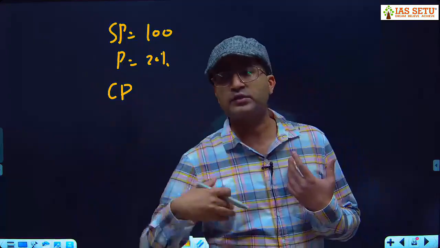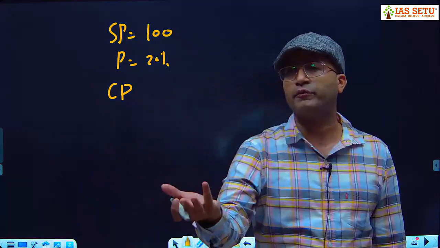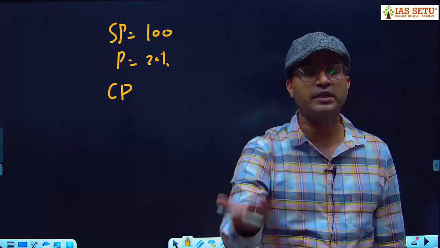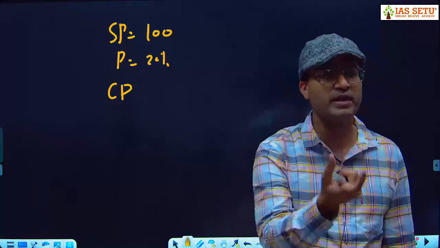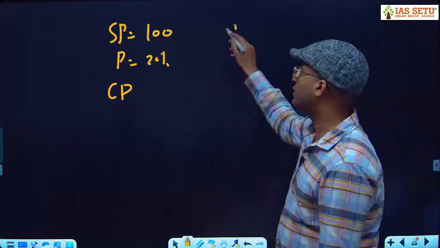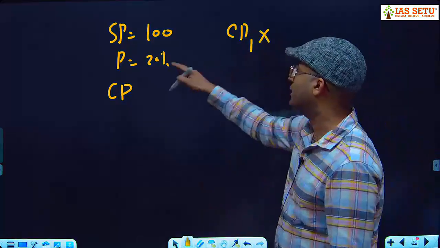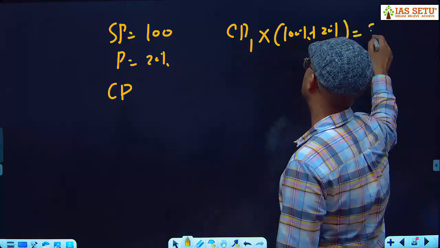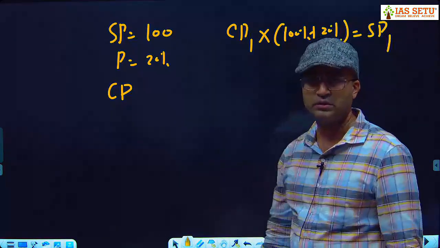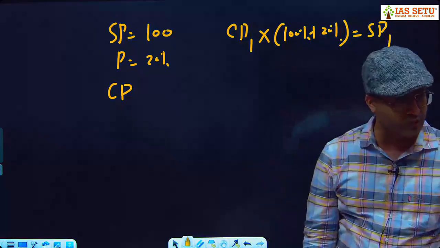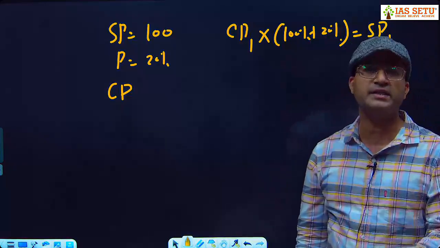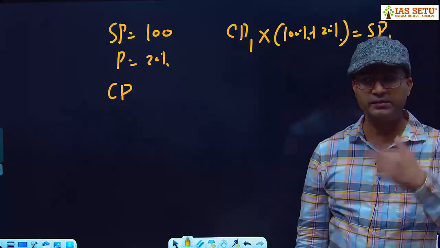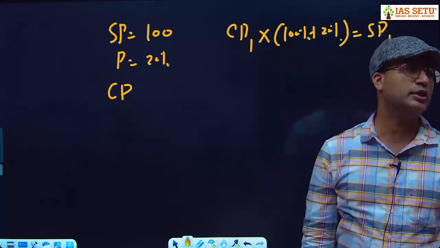Like I sold this marker at a profit of 20%, I sold it for 100, for how much did I purchase? In that chain there is only one person, so here it will be CP1 into 100% plus 20% is equal to SP1. Chain rule is applicable for one person also. If only one person is doing the transaction, he purchased, he sold, then also it is applicable.